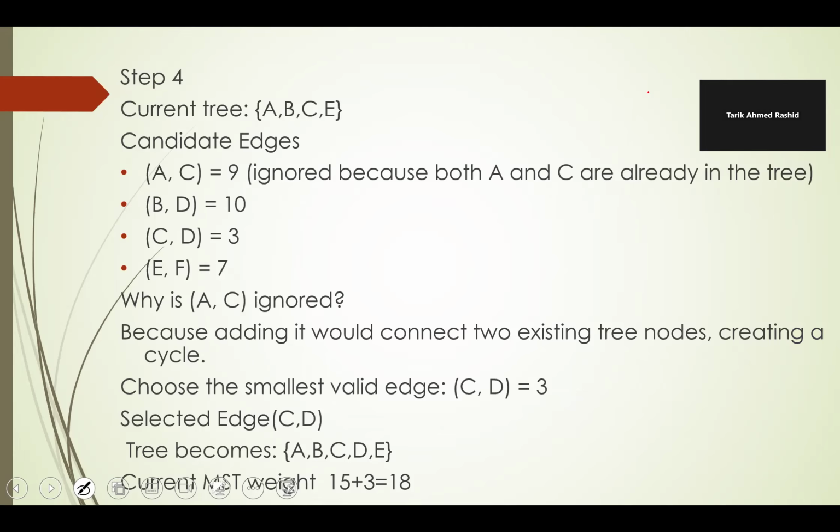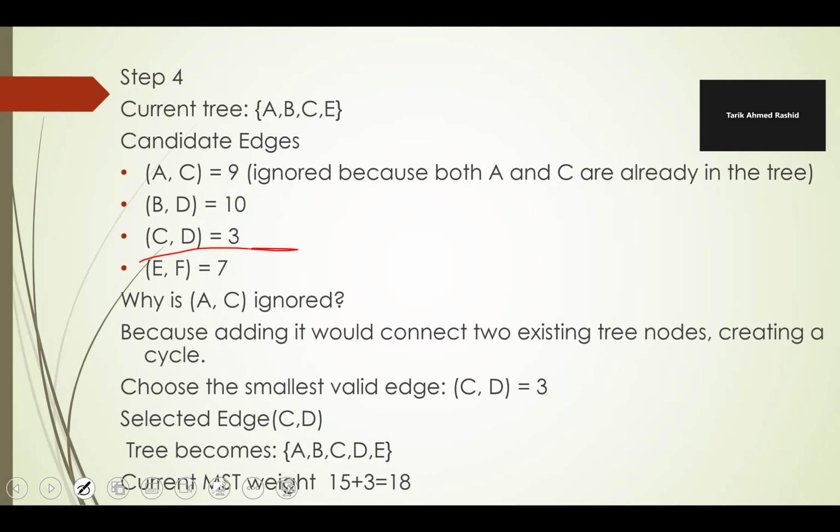We currently have A, B, C, E. AC 9 is ignored because both A and C are already in the tree; adding AC would connect existing tree nodes. We have BD 10, CD 3, and EF 7. So which one do we take? The smallest of these is 3.